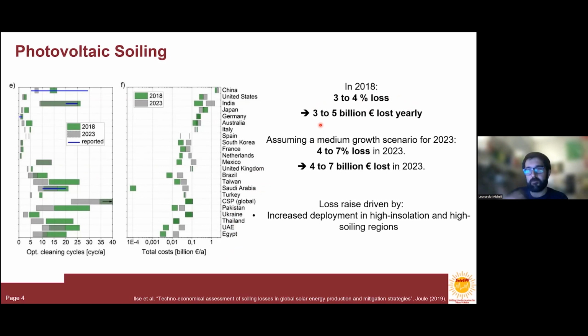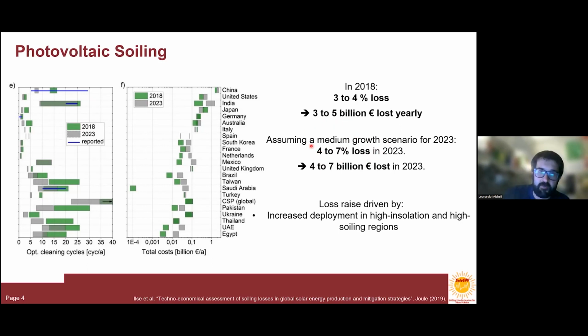At that time, we also tried to predict the future a bit, and we estimated that by this year, the losses would have actually increased. Why? Because more and more PV systems are being installed in areas that have extremely high potential, such as desert areas, which have a lot of irradiance, but at the same time are very arid and therefore can experience even more soiling losses.